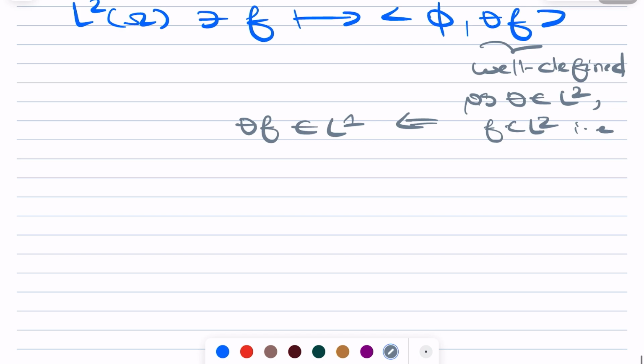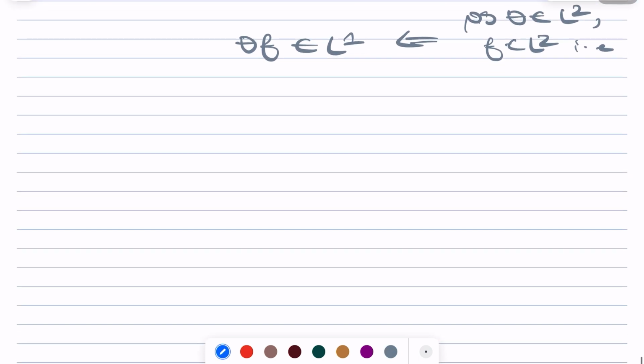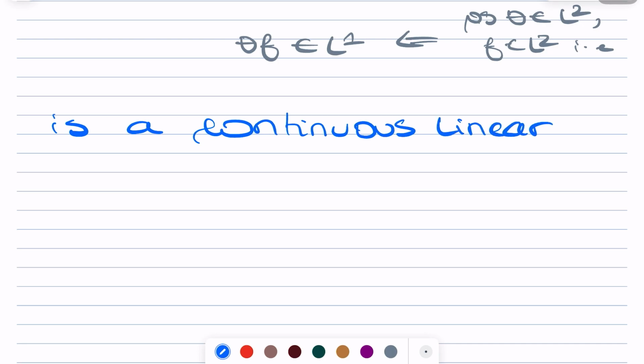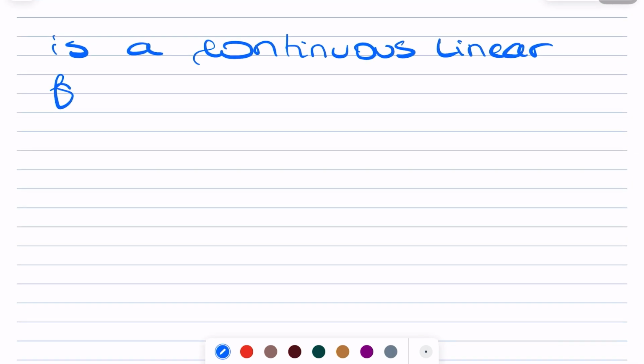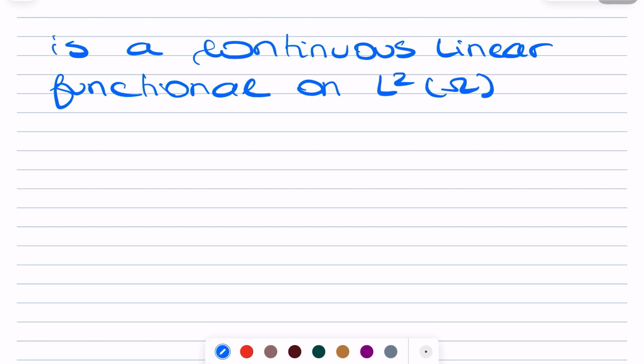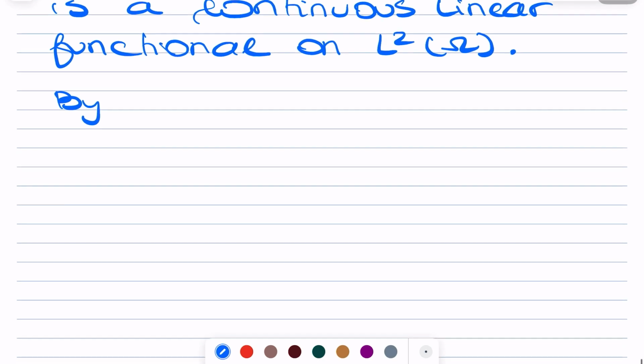So this mapping is a continuous linear functional on L2 of omega.